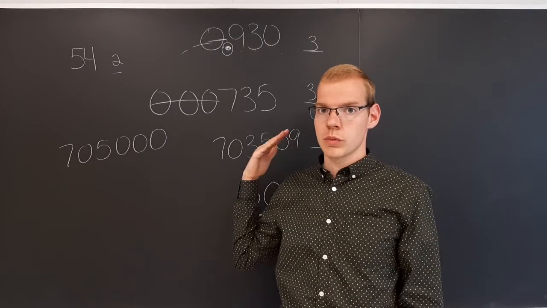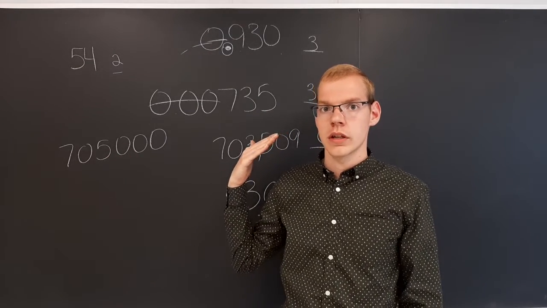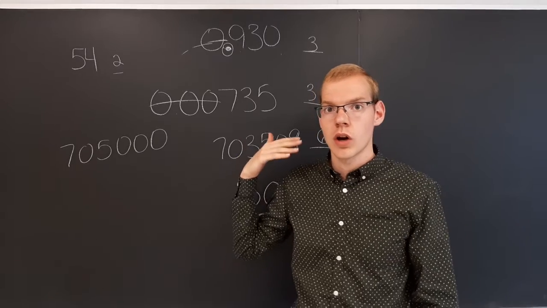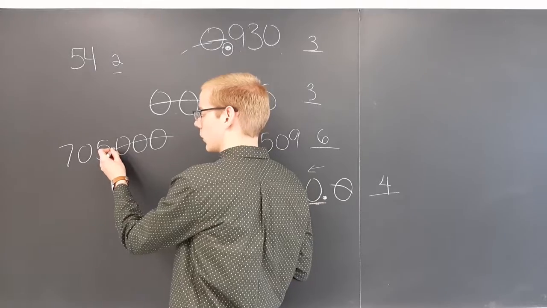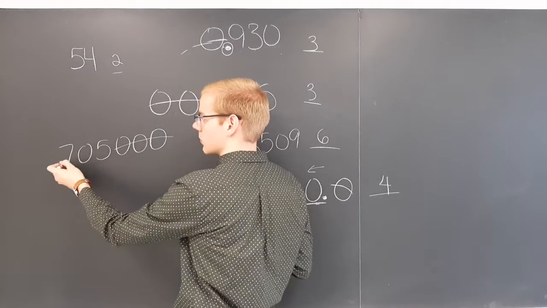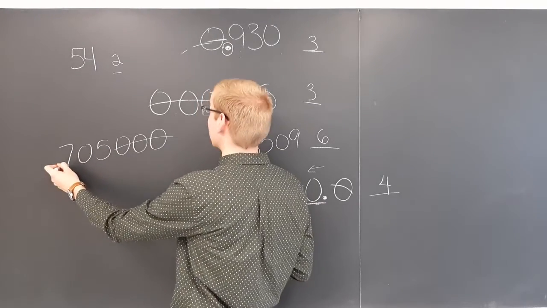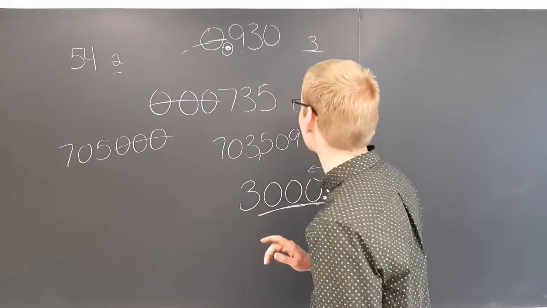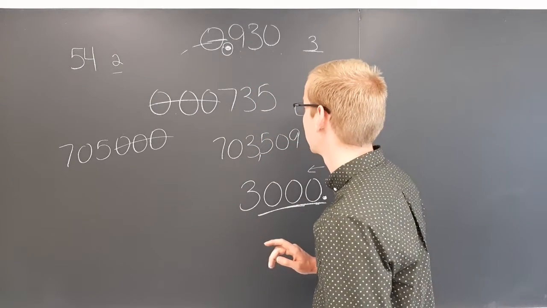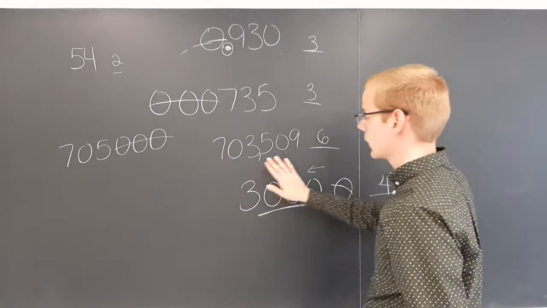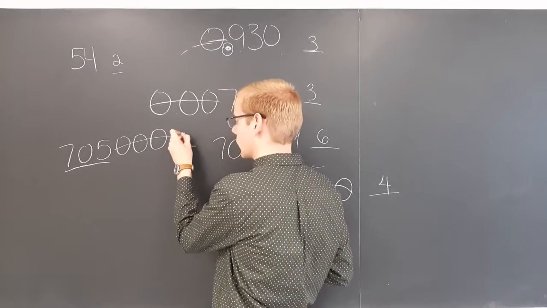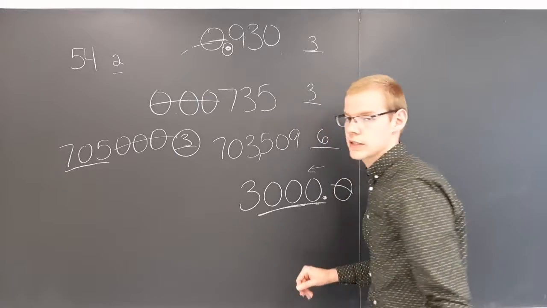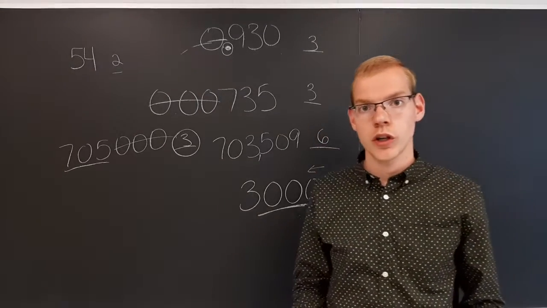The zeros to the right of the last non-zero digit are not necessary. This 0 is, because it's between, like we had on a different one. They're in between like this. So here we have how many? 3 significant digits.